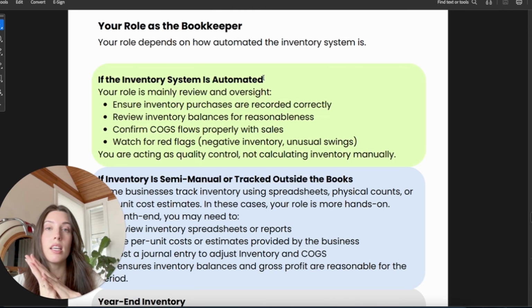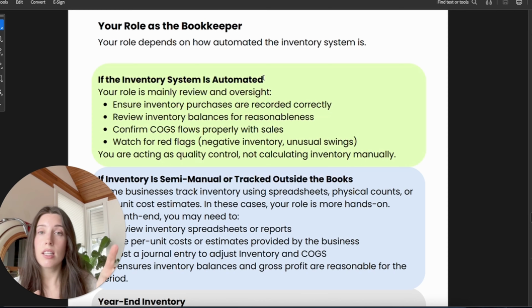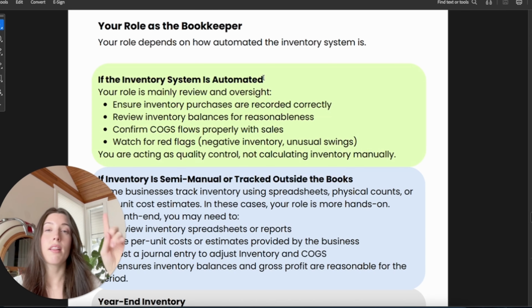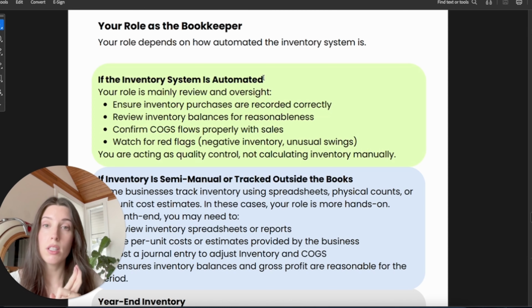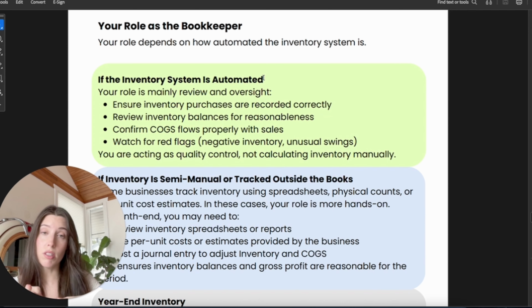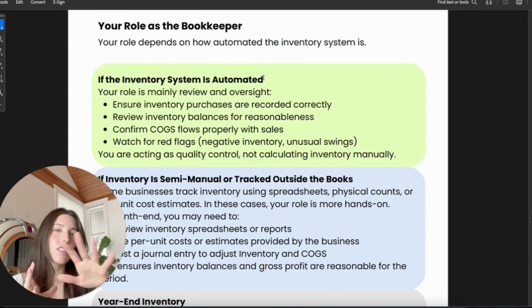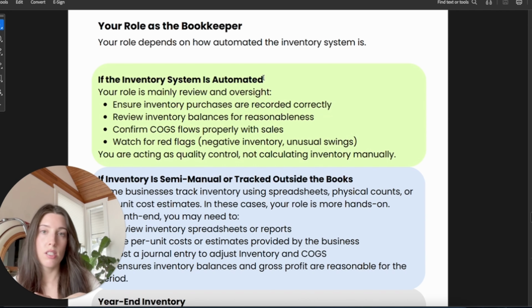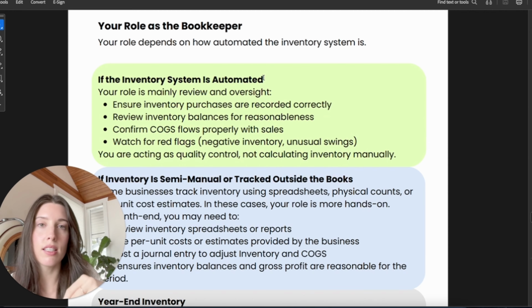If the inventory system is completely automated, meaning they have software that's tracking inventory and it's integrated with the accounting software, so everything is flowing seamlessly, your role would be to check that inventory purchases are being recorded correctly in the system, with just a quick review, that the inventory balances look reasonable, that cost of goods sold is flowing properly with the sales, and there aren't any red flags like negative inventory or strange swings. So you're acting more as quality control rather than manually calculating and adjusting inventory.